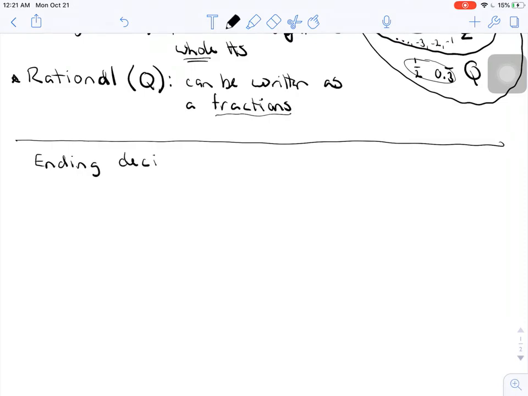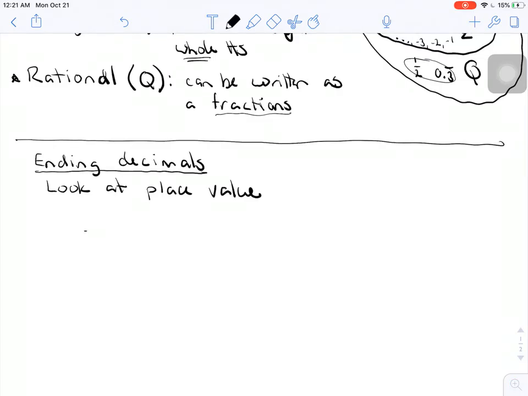Ending decimals are not so bad at all to get turned into a fraction because you just need to look at the place value. And the place value basically tells you what that decimal looks like as a fraction. So I'll show you what I mean by that. So we need to remember how place value works with decimals.